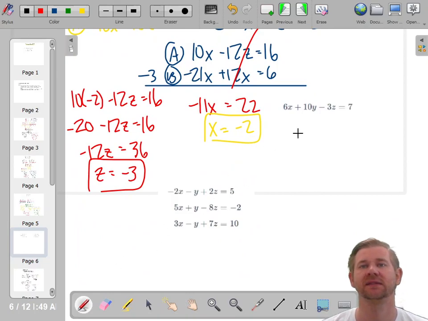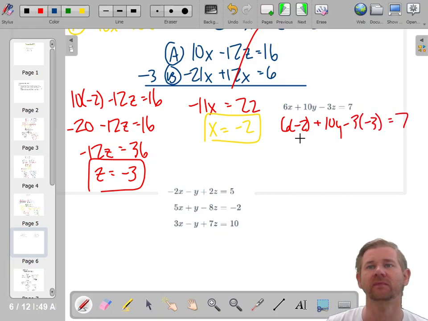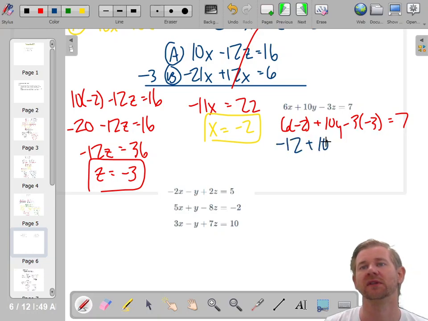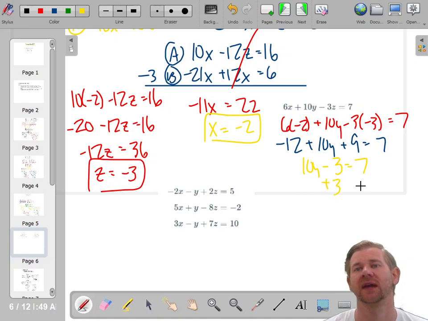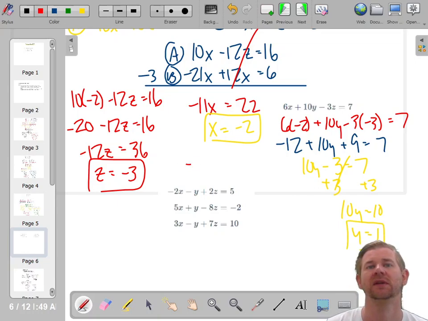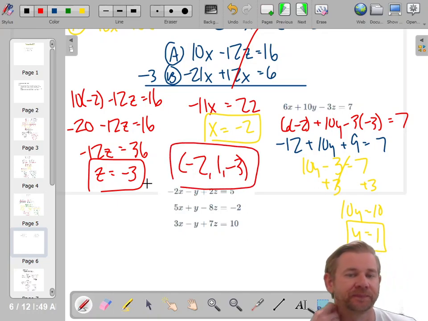To get y, 6 times negative 2 plus 10y minus 3 times negative 3 equals 7. Negative 12 plus 10y plus 9 equals 7. Negative 12 and 9 make negative 3. Add 3 to both sides. 10y equals 10, so y equals 1. So ordered triple, negative 2, positive 1, negative 3.